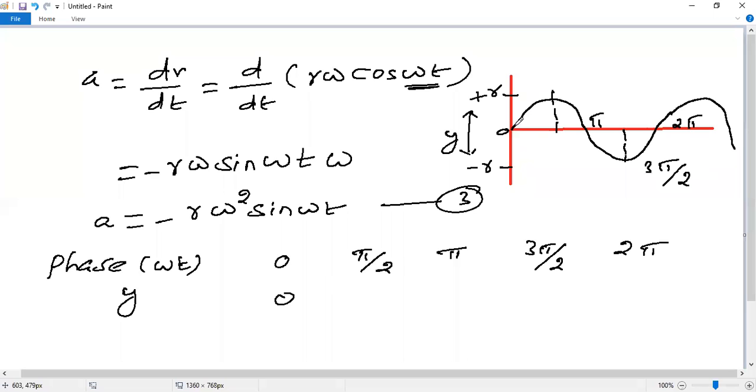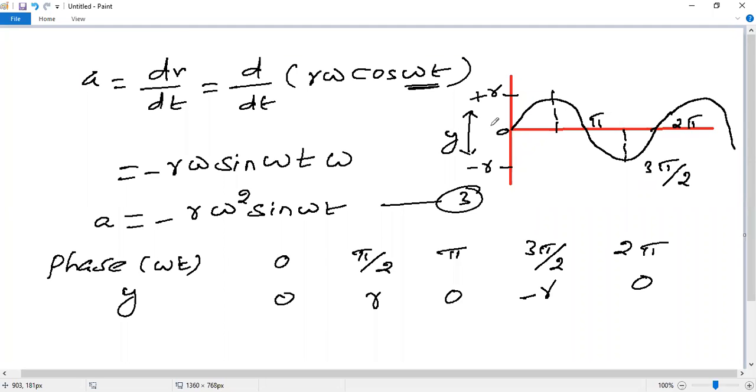At 0 it is 0 only. Pi by 2 it is a maximum R and at pi the value is 0. Next one 3 pi by 2, minus R. At 2 pi again it is 0, because this is the sine wave, no?